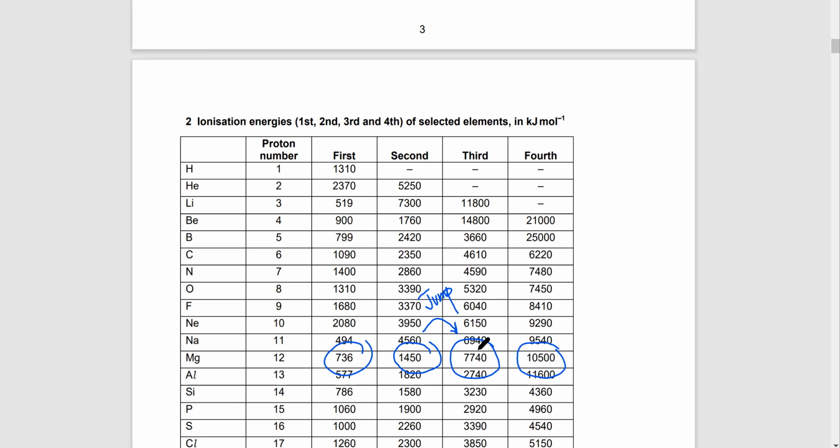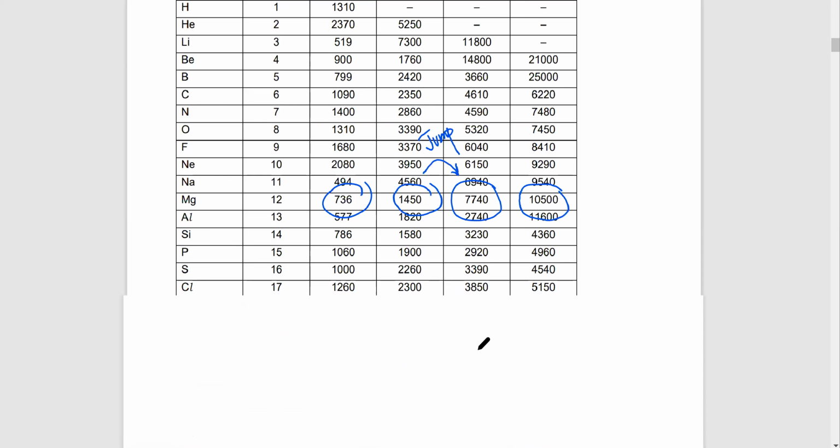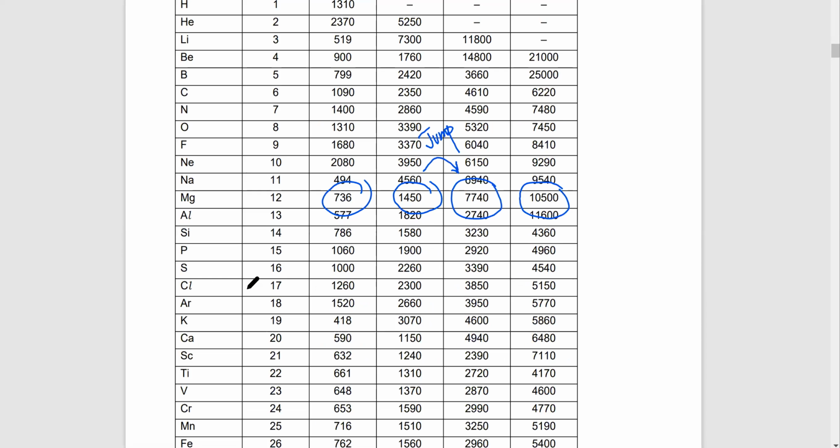Using this, you can figure out, for example, chlorine over here. Chlorine has 7 electrons in its outer shell, so for the first 7 electrons there's not going to be any jump. You can see a steady pattern: 1260, then 2300, then 3850, then 5150. There is no jump occurring. If you look at calcium, which is also in group 2, right after removing the first two electrons there's going to be a jump: 590, 1150.